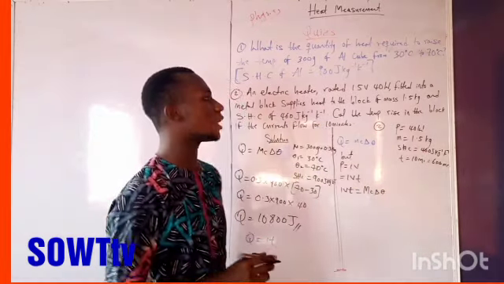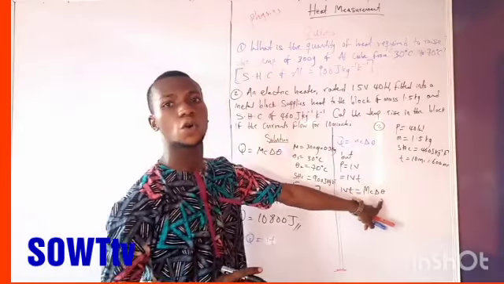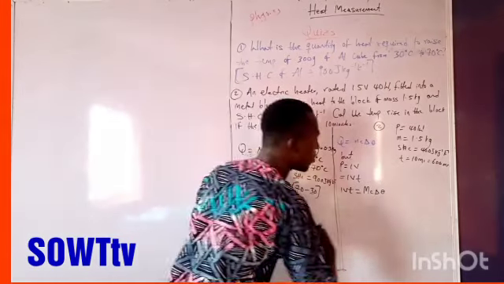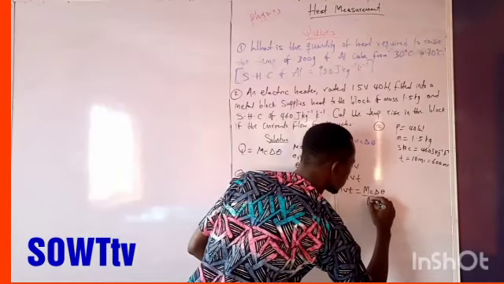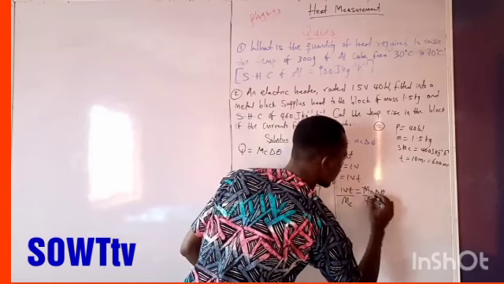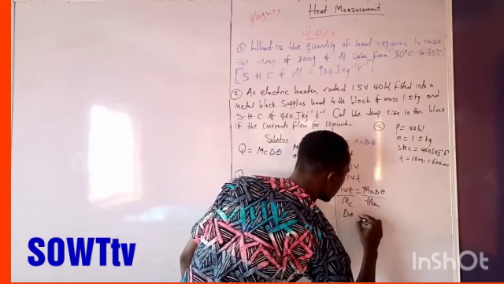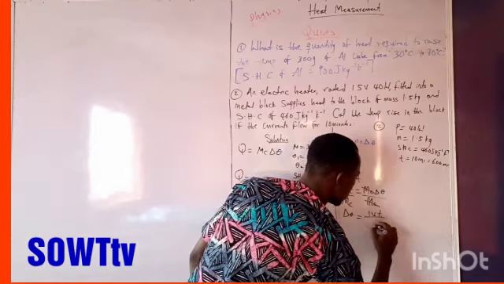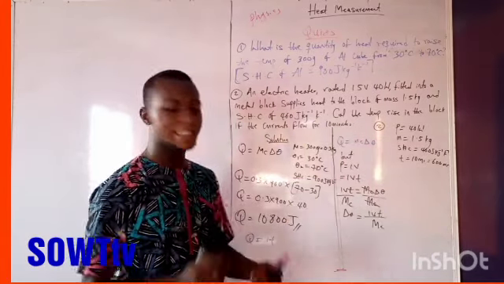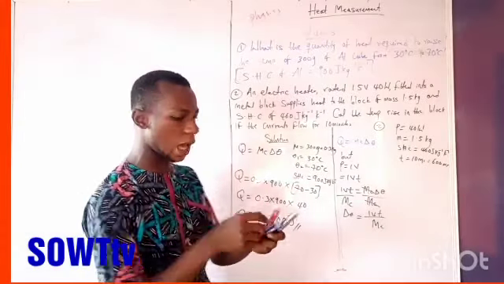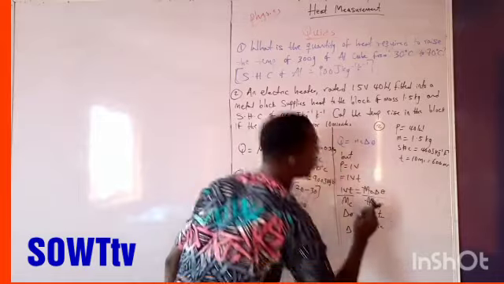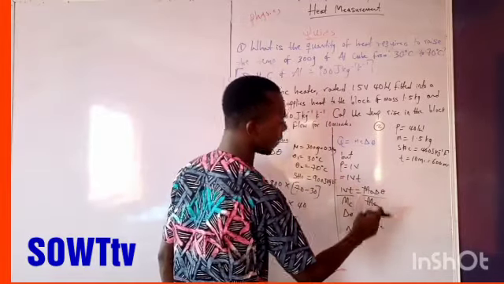The question says we should calculate the change in temperature, which is delta theta. So let's divide both sides by MC. MC cancels out MC, so our change in temperature equals IVT upon MC. The next thing is to substitute our parameters.